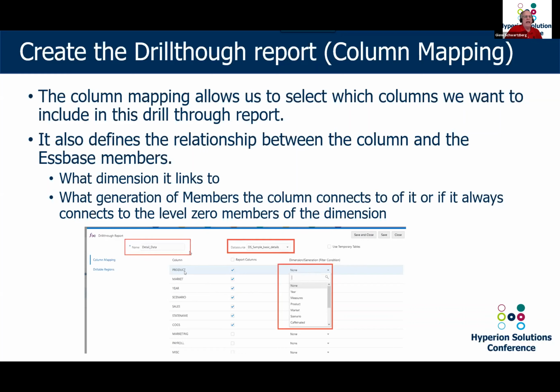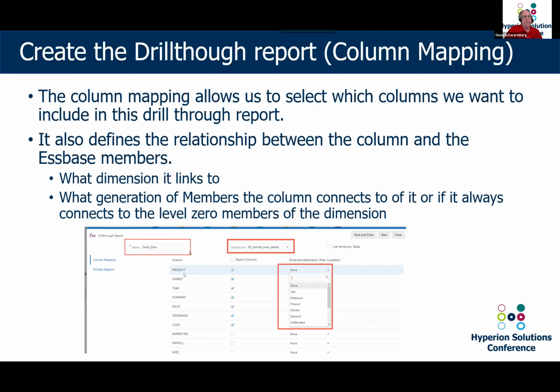In this case, my product dimension is going to map to the product dimension in Essbase. And we're going to define what level of data we're going to connect to. There's another little drop-down area over here that I forgot to put in that you don't see that will give us whether it's level 0 members or a generation member.